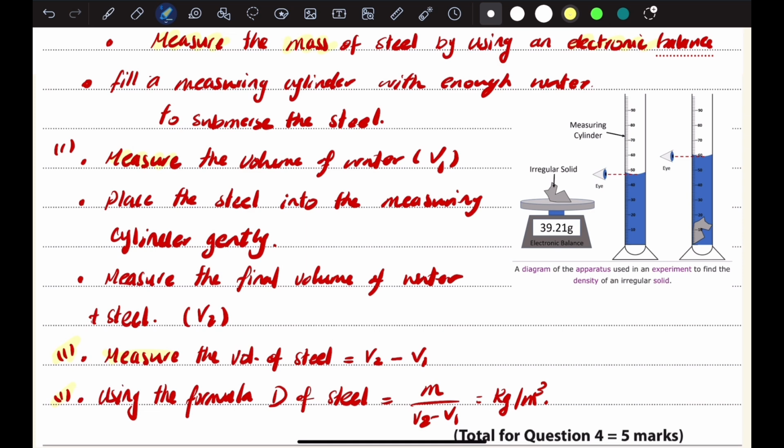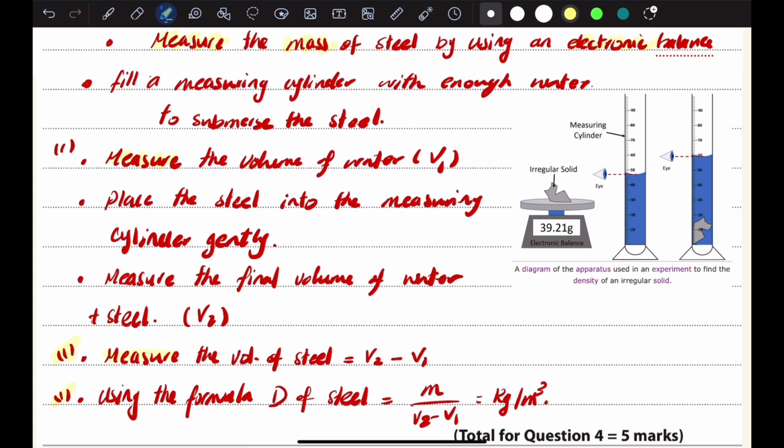You have to check that the balance itself is starting from 0. And when you check the pan of the balance itself, it should be a horizontal surface with no inclination, and there should not be any other pieces of metal that might affect your readings.